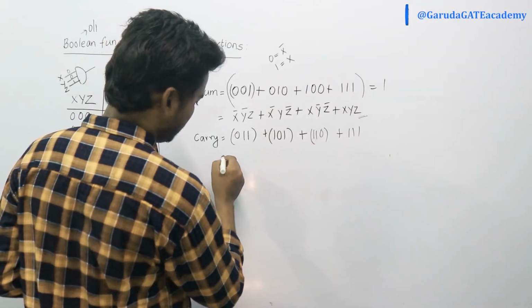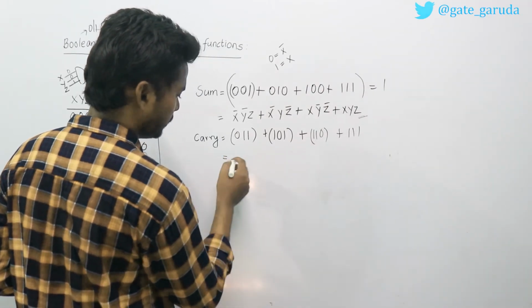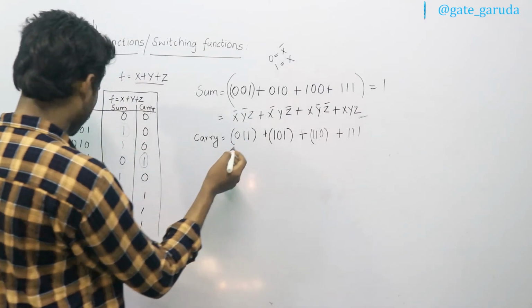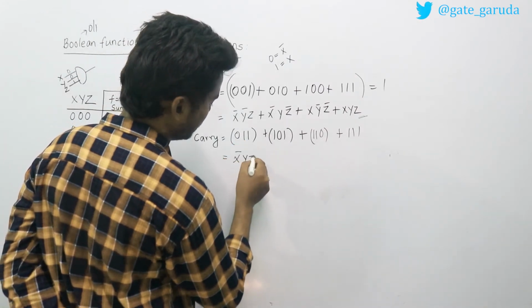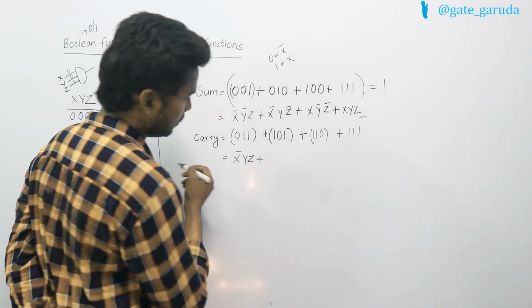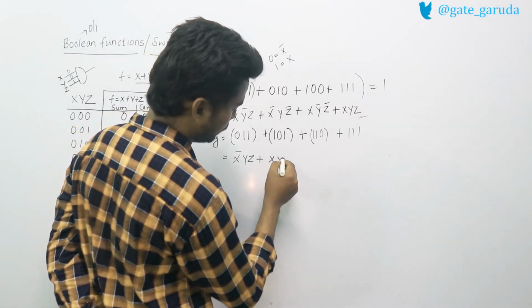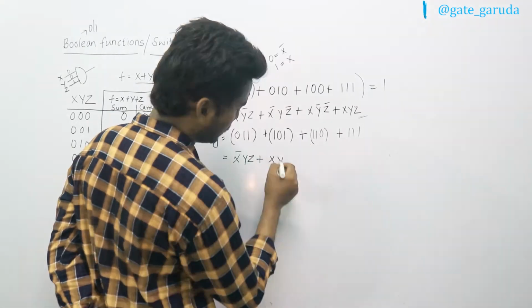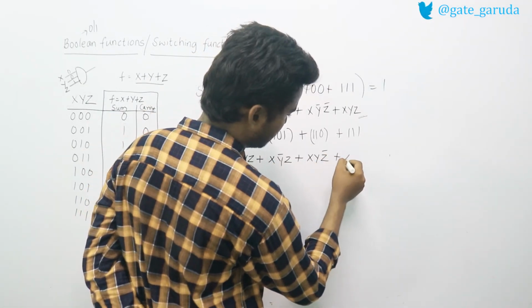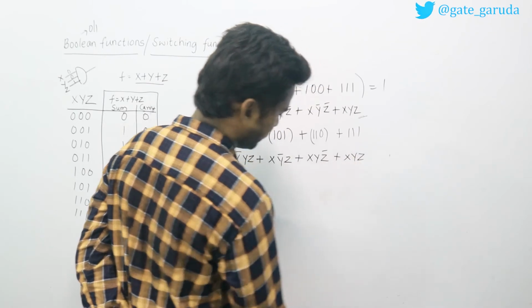So let us write this expression in terms of variables. Then this will be x bar yz plus x y bar z plus x y z bar plus x y z.